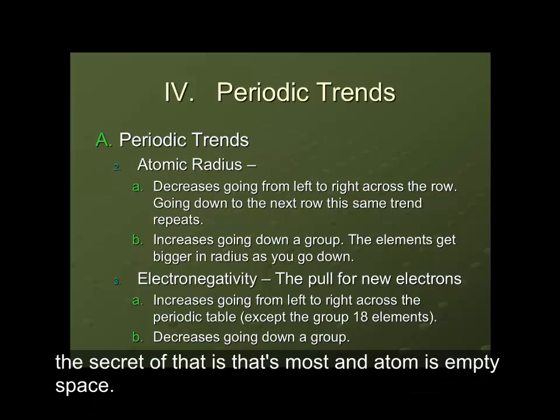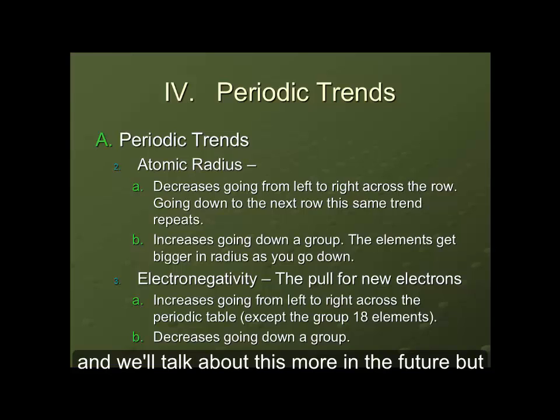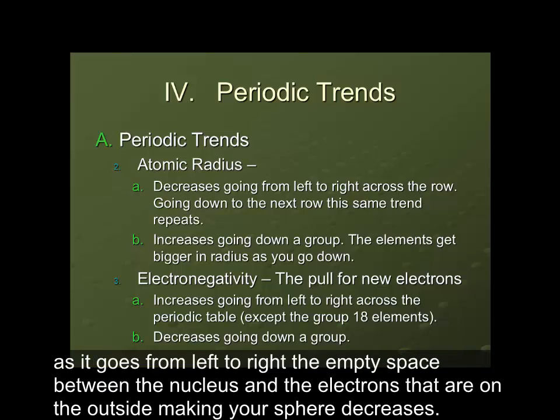But the secret of that is that most of an atom is empty space. And we'll talk about this more in the future, but as it goes from left to right, the empty space between the nucleus and the electrons that are on the outside making your sphere decreases.